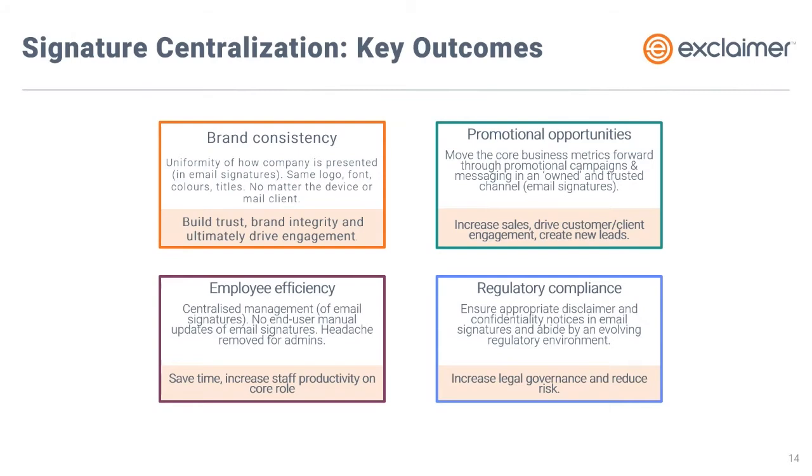And that should be the case. That conformity should be realized across all devices and all email clients. That is the only way that the organization can build trust and brand integrity into those emails that they send, and ultimately drive the engagement that their recipients have with their brand.